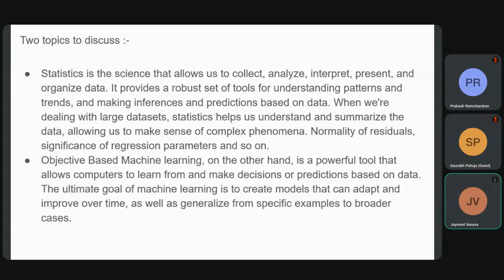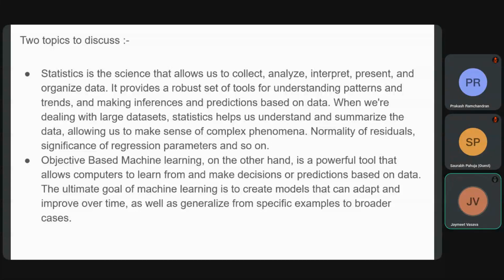Now, on the other hand, we have objective based machine learning, where the computers or the model learns from the data, gives insights, and helps us make the predictions as well.